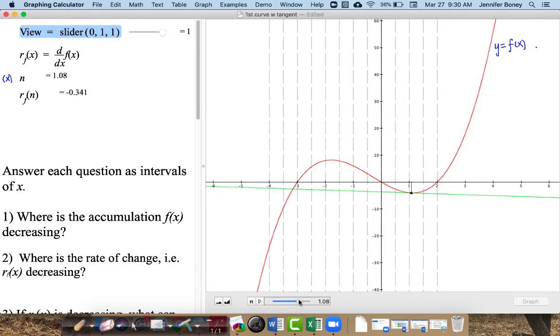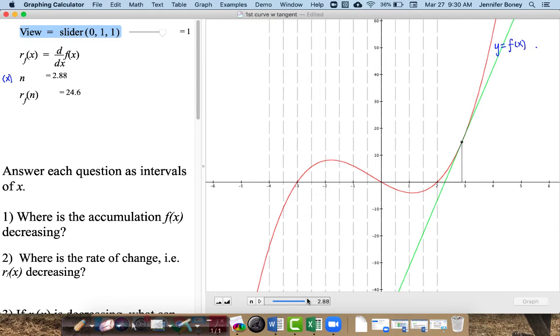If I nudge this a little bit, I might be able to get a little bit closer. The pixel width is a little small here. That's essentially 0. And then it becomes positive again. So this is smoothly changing from negative to positive as we go from left to right.